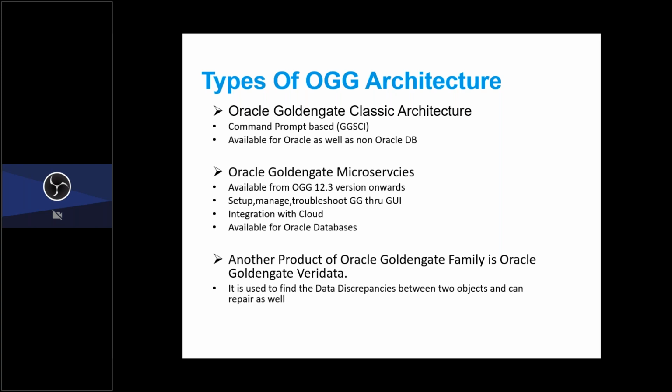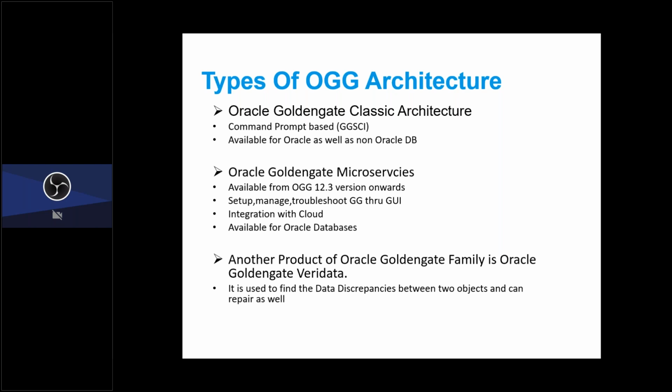It is command prompt based architecture GGSCI, and classic architecture is available for both Oracle as well as non-Oracle databases. Oracle Goldengate microservices is available from 12.3 Goldengate version onwards. So GGSCI full form is Goldengate Software Command Line Interface. So basically it's the command line of Oracle Goldengate.